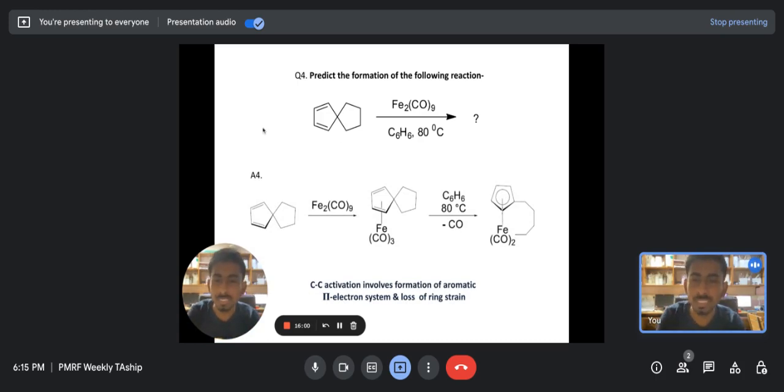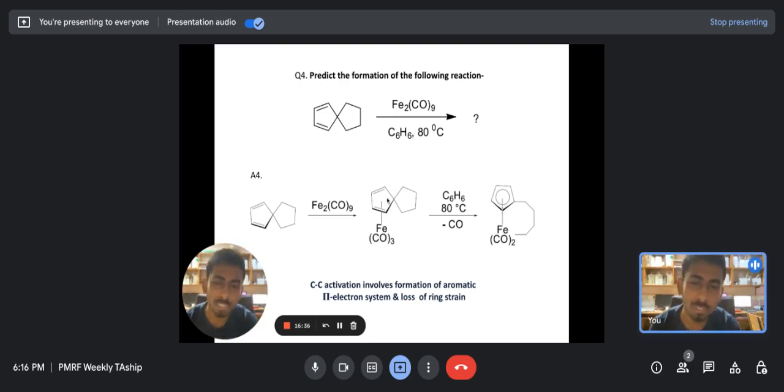So you see, in the first step, this compound is treated with Fe2(CO)9. Since this is a 1,3-butadiene kind of system, which is a 4-electron donor, because there are two pi bonds in this system and each pi bond is a 2-electron donor, the complex has to adopt such an arrangement that it obeys the 18-electron rule. Iron(0), because carbonyl is a neutral ligand, is a d8 system.